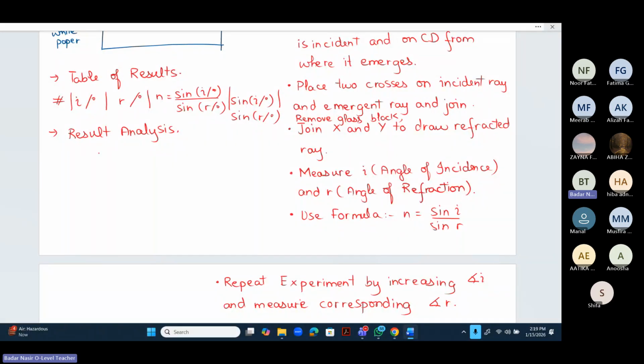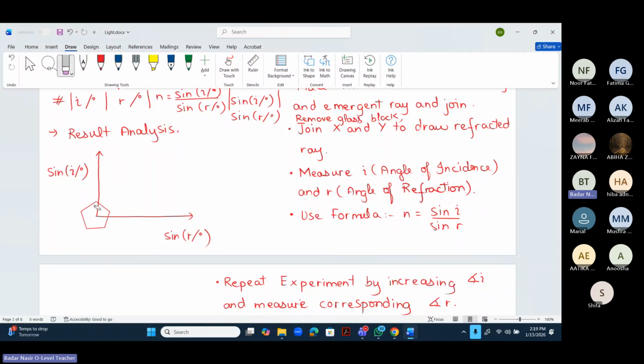So in the result analysis, let's say if we plot a graph of sine of angle of incidence on the y-axis against sine of angle of refraction on the x-axis, it's going to be a straight line graph that just passes through the origin.